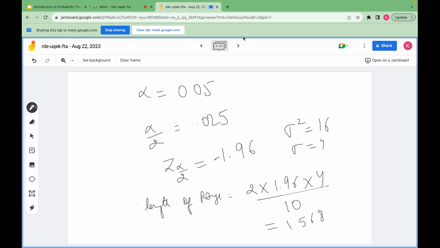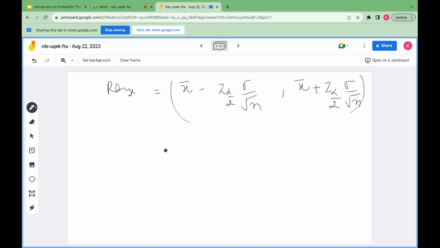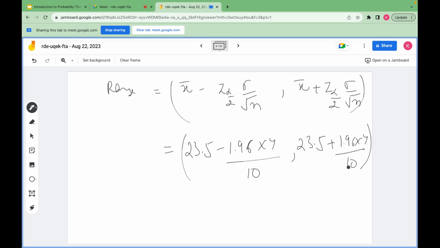The range will be different. The range will be x bar minus z alpha by 2 into sigma by root n, and x bar plus z alpha by 2 sigma by root n. So this will come out to be 23.5 minus 1.96 into 4 divided by 10, and 23.5 plus 1.96 into 4 divided by 10.